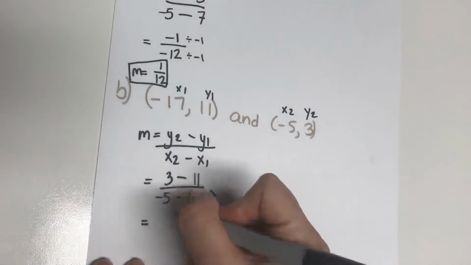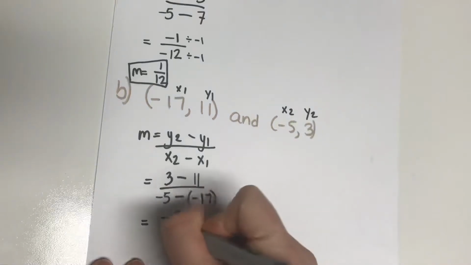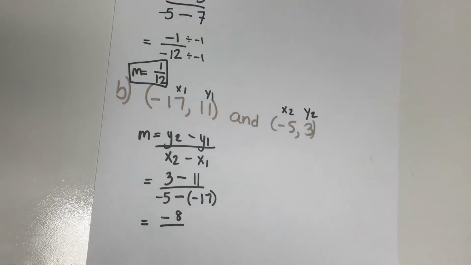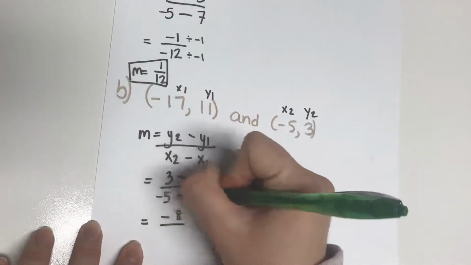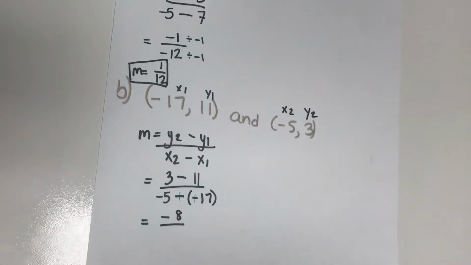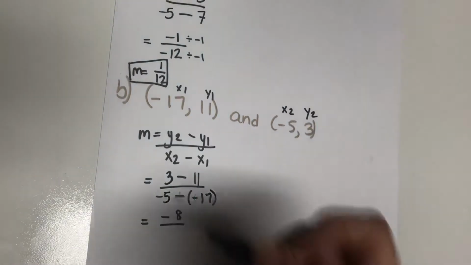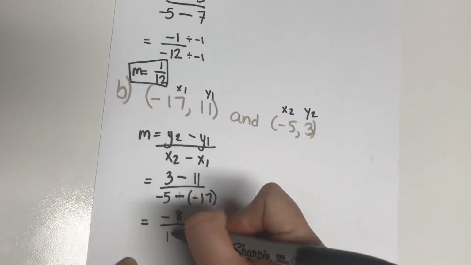So I'm going to simplify. 3 minus 11 is negative 8. And for the second one, I'm going to keep, change, change. So it's actually negative 5 plus 17, which is positive 12.